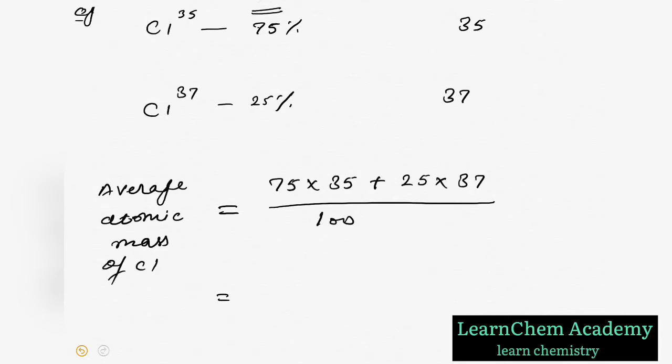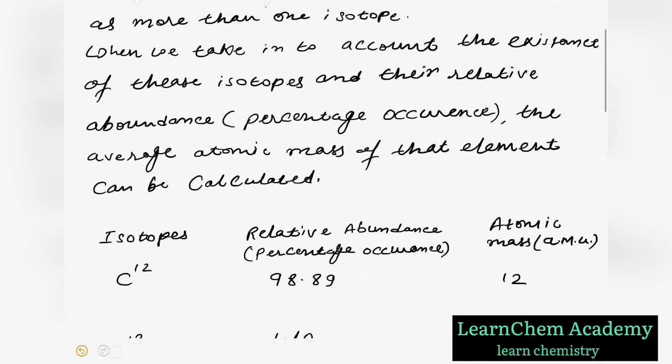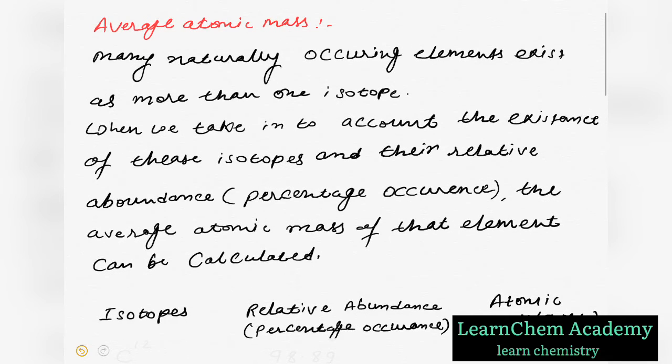So we will get 35.5 U or AMU. This is the average atomic mass of Cl isotopes. So we can define average atomic mass as the average of all the masses of their isotopes.